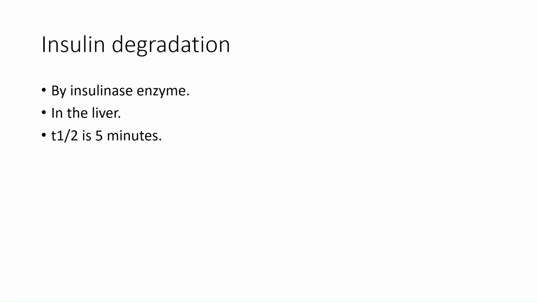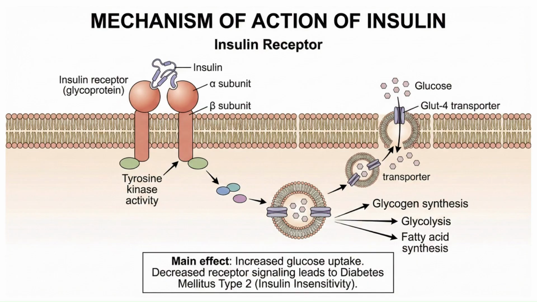So next, this is the degradation. We have already seen the half-life is only 5 minutes. In the liver, there is an enzyme called insulinase, which degrades the insulin. Now coming to the most important section, the mechanism of action of insulin. This is the cell membrane, as you can see, the phospholipid bilayer, and this is the insulin receptor. This whole structure which I am marking in red is the insulin receptor.